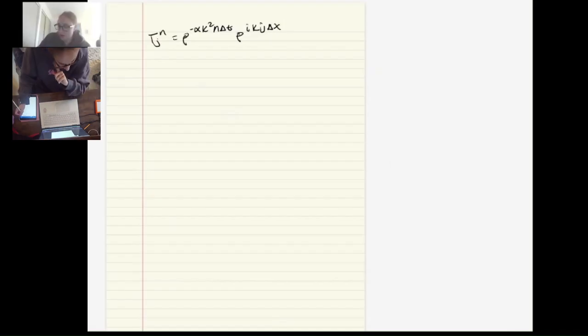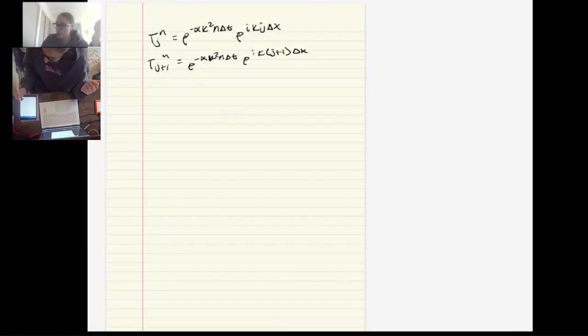So now what we want to do is T_{j+1}^n. So e to the negative alpha k squared t stays the same, not changing in time step, only changing in position. So j plus 1 in x.